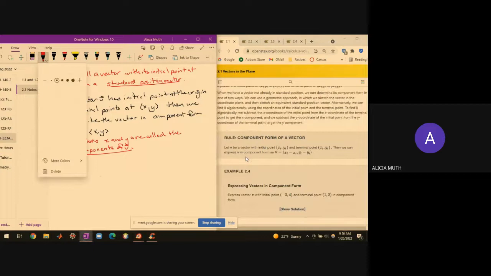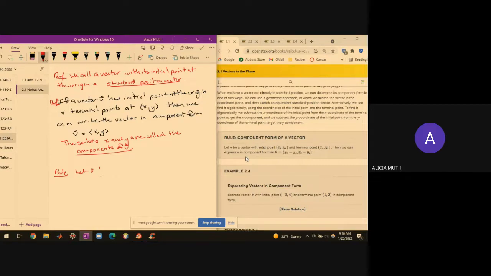Let's go ahead and write that out in specifics. All right, so let v be a vector with initial point x sub i, y sub i for initial, and terminal point x sub t, comma, y sub t for terminal point, right?